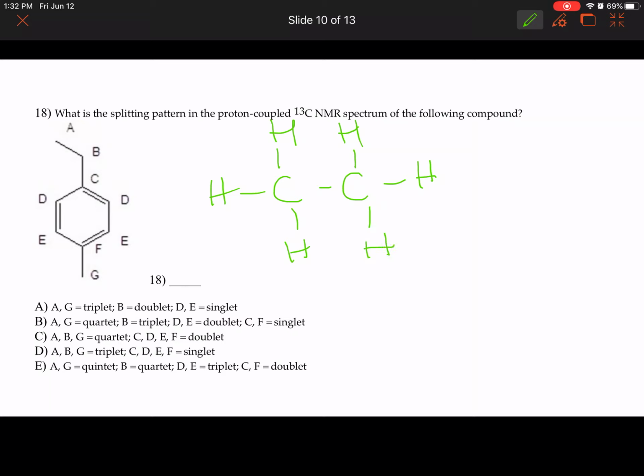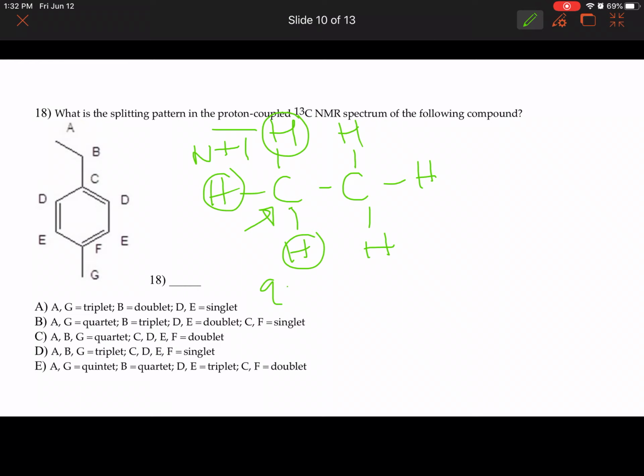But on the carbon 13, it's not the neighboring carbon, it's just the hydrogens on the same carbon. For example, if it is proton coupled NMR, this carbon will split due to n plus 1 hydrogens on the same carbon. So there are 1, 2, 3. So this carbon would be a quartet.